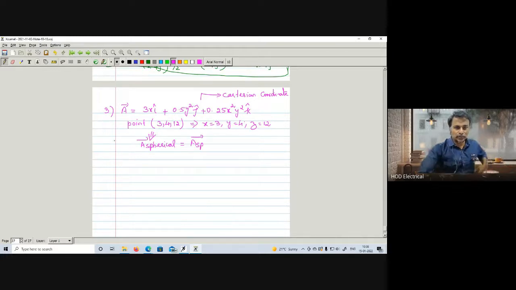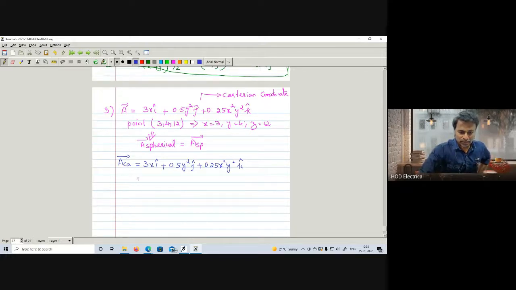So already we know that A Cartesian is equal to 3x into i gap plus 0.5 y square into j gap plus 0.25 x square into y square into k gap. Let me substitute now x equal to 3, y equal to 4, z equal to 12.